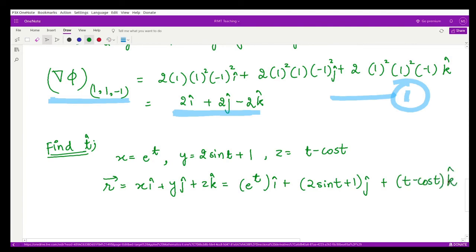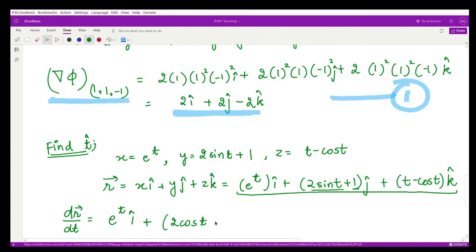So this is my position vector, and what is the tangent according to this curve? You know, the tangent is obtained when you differentiate it with respect to time. So if you obtain this, that means you have to differentiate this quantity with respect to t. So e to the power t would remain as such, right? So there is no change in this. And when you differentiate 2 sine t plus 1, you will get 2 cos t, right?